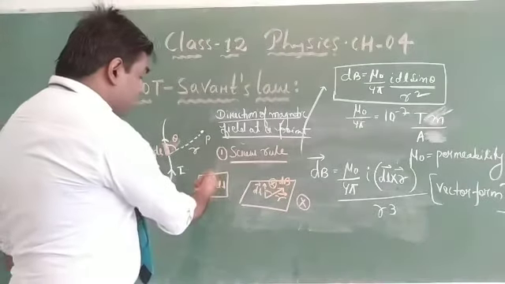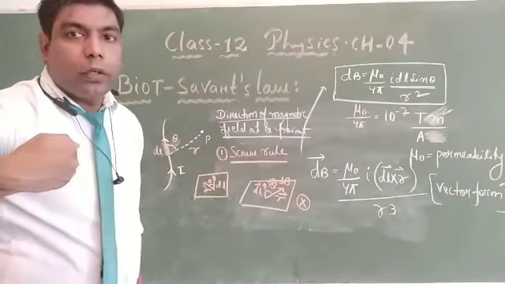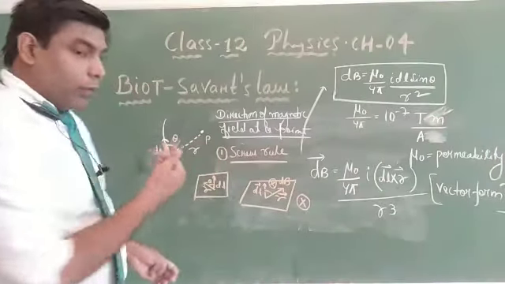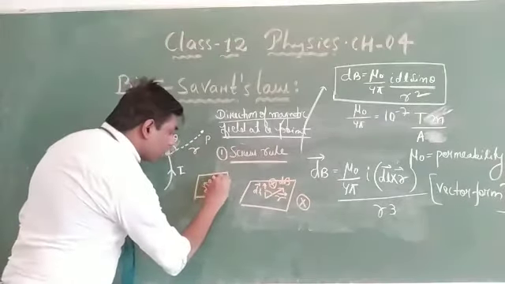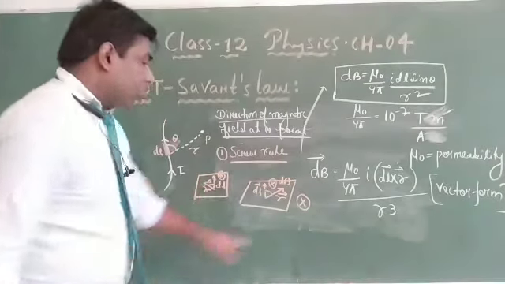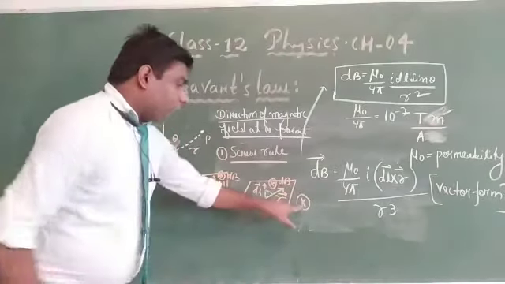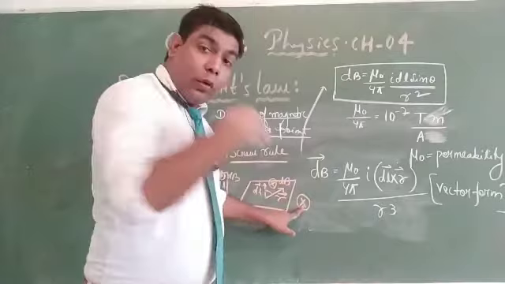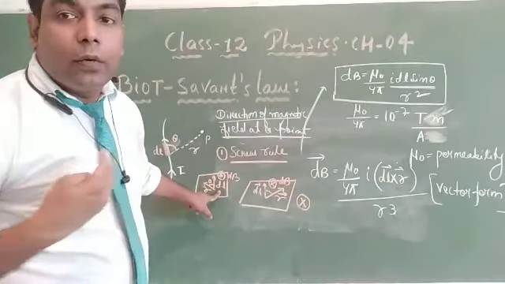Then what you will see? According to this situation, the screw will try to come out of the plane of the paper. When the magnetic field is directed outward, then we use a dot. Means this is a cross, and dot means this is the direction directed inward to the plane of the paper, and this is the direction directed outward from the plane of the paper.